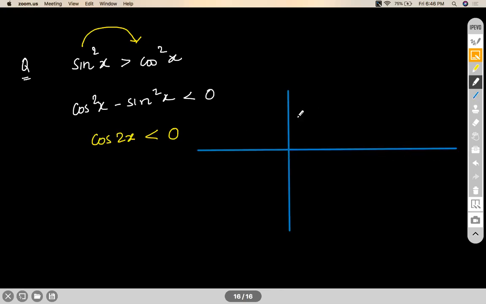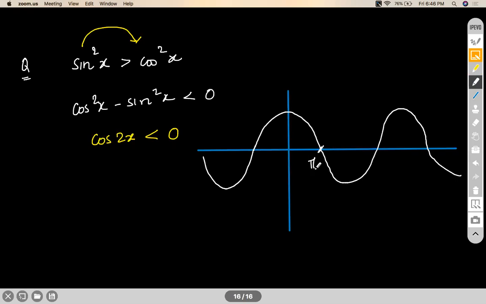let me tell you one thing, my dear students. Cos 2x graph would be the graph of cos x, which is squeezed. That means it will be compressed along the x-axis. So instead of cutting at pi by 2, now it will cut at pi by 4. Okay.